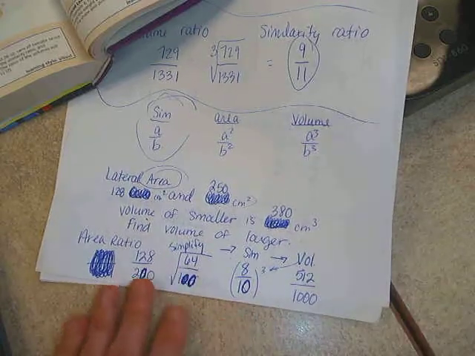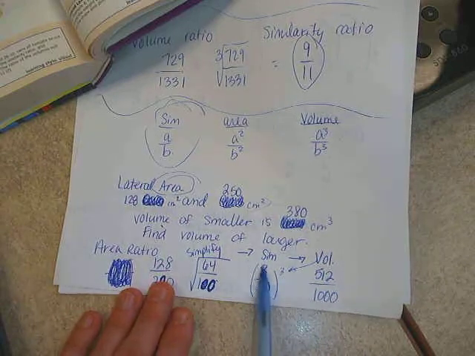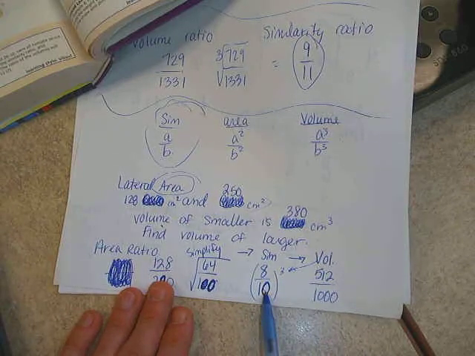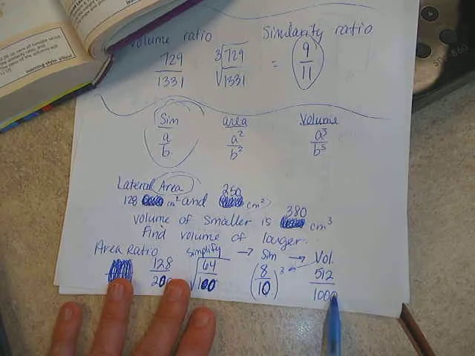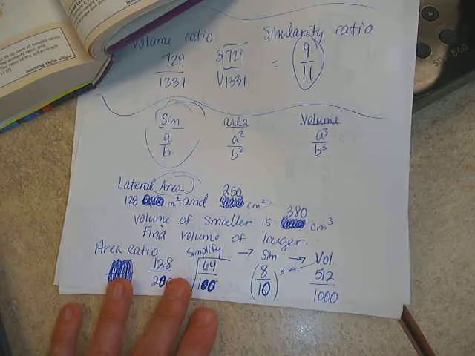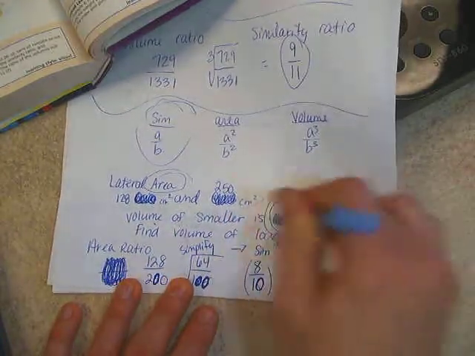Cube. Okay, so we went back to similarity. Now we're going to apply the exponents to get the volume. So I'm going to cube my similarity ratio. 8 cubed is 512. 10 cubed is 1,000.